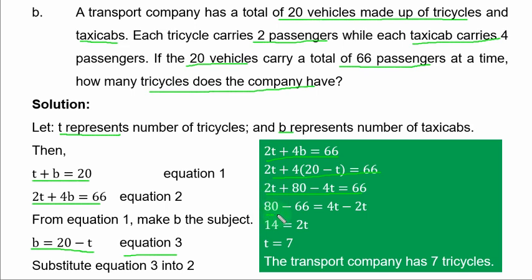So you have 80 - 66 = 4T - 2T. So you have 14 = 2T. Divide both sides by 2, T is equal to 7. Therefore, the transport company has 7 tricycles.